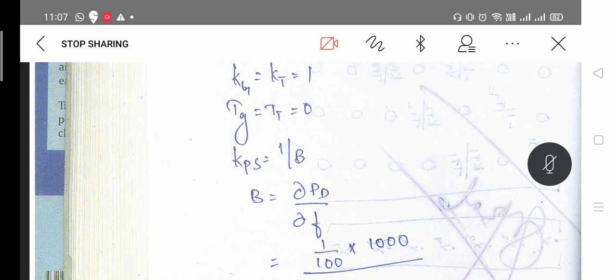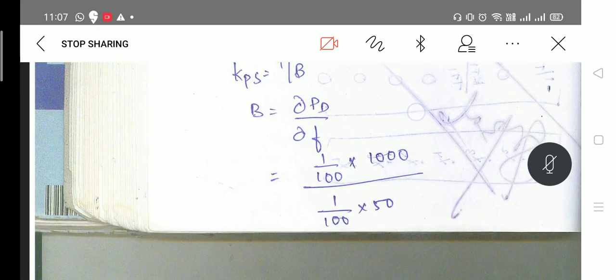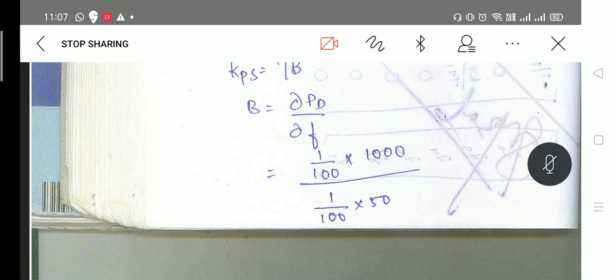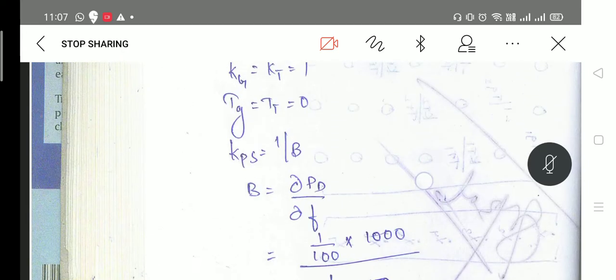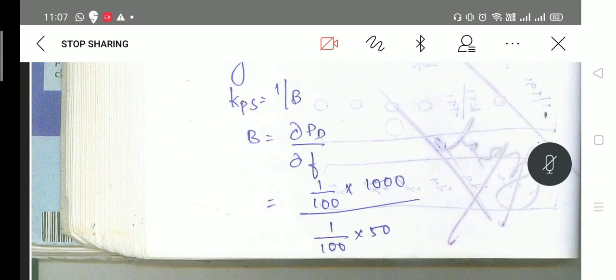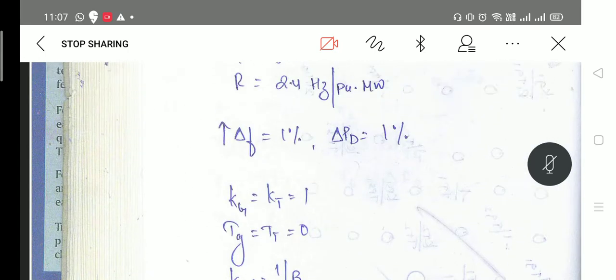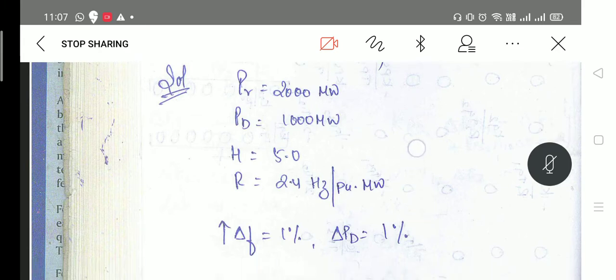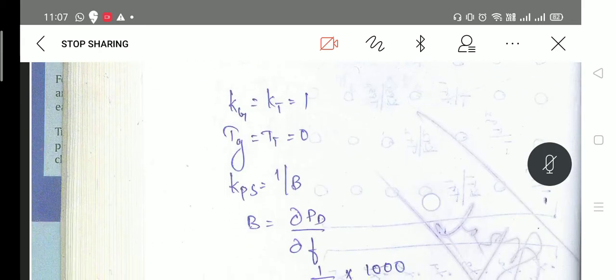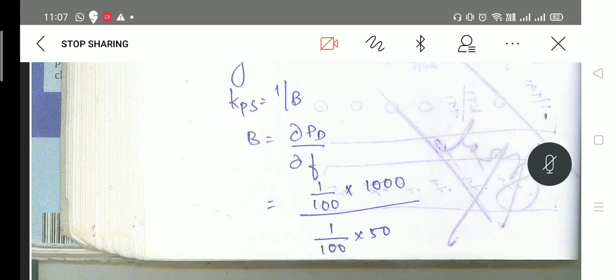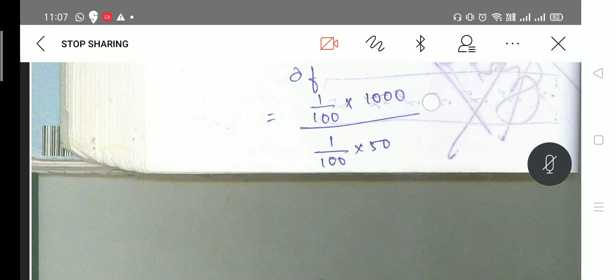First we can calculate the B value. So from this dou PD by dou F means already given 1%, no, delta PD. So from this 1 by 100 into the PD value, that is 1000, 1 by 100 into 50. Here I am assuming the frequency value is 50 hertz.